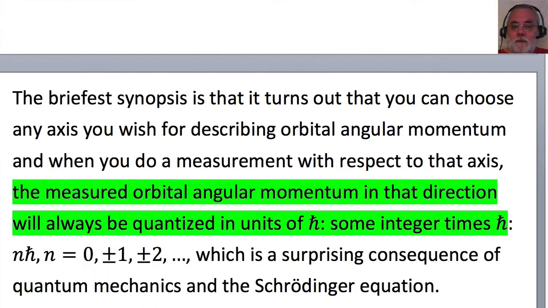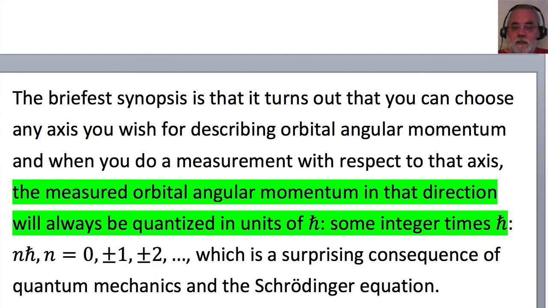The briefest synopsis is that you can choose any axis you wish for describing orbital angular momentum. And when you do a measurement with respect to that axis, the measured orbital angular momentum in that direction will always be quantized in units of h bar, some integer times h bar: n h bar, n equals 0, plus or minus 1, plus or minus 2.